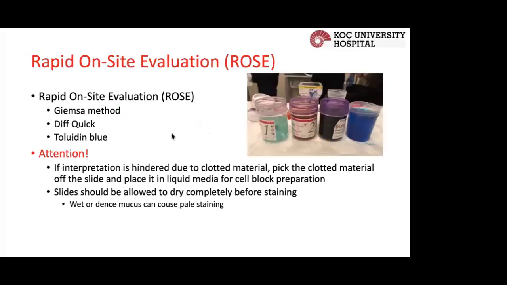Rapid on-site evaluation enables immediate and real-time cytopathologic evaluation. Additionally, preliminary diagnostic information can be given, and the specimen can be appropriately triaged for potential ancillary tests like flow cytometry, microbiologic studies, molecular studies, and immunohistochemical studies.